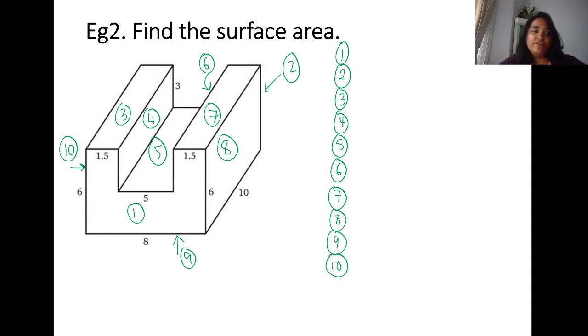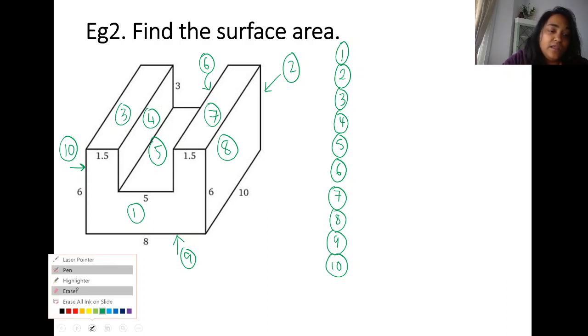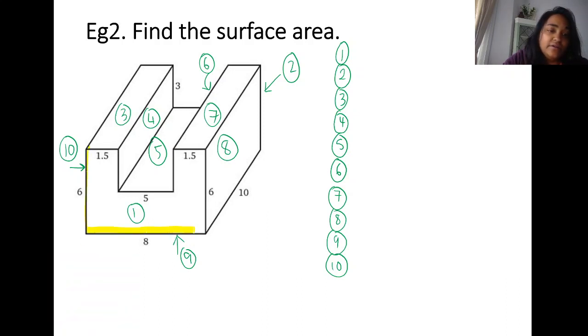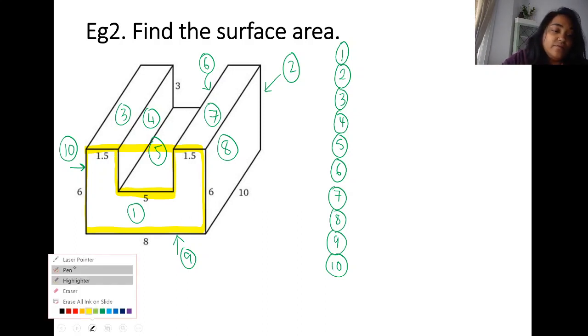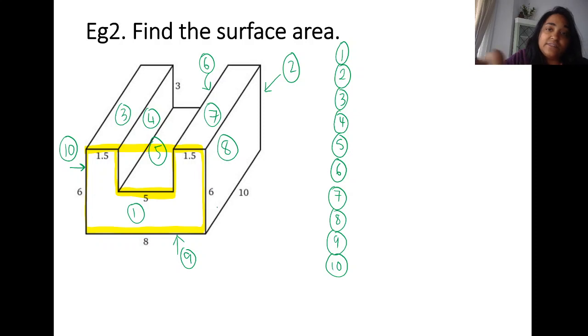Okay, let's see if you were right. So face 1, what I'm actually going to do for this, I'm going to consider a large rectangle, like so, and I'm going to subtract that smaller square. So what do I get? I get 8 times 6, subtract this 5 times, what would that length be? Let's have a little look.